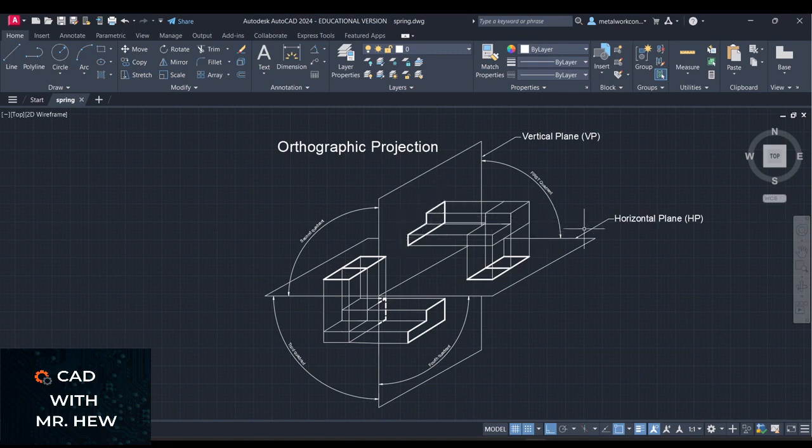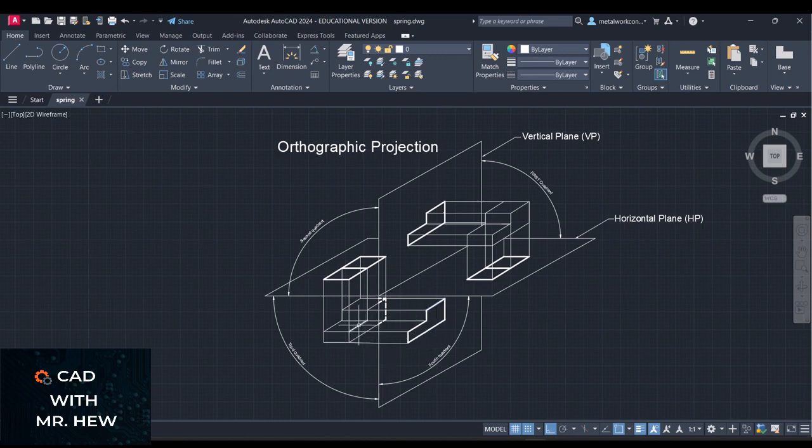This is what we would see when we're looking at the object from this way. Likewise, if we are looking from above, the lines projected down, perpendicular to the plane, would give you this plan view here in the first quadrant.